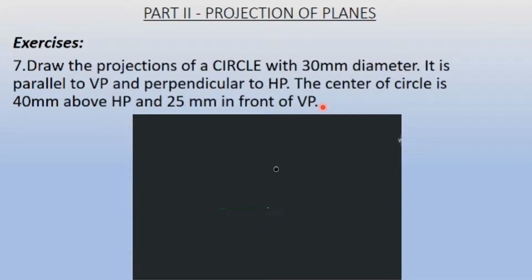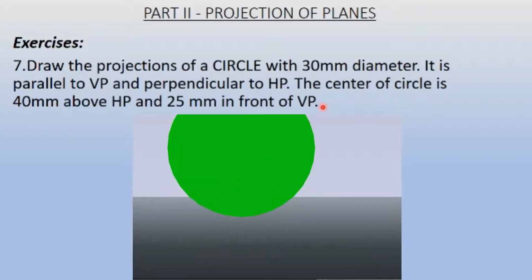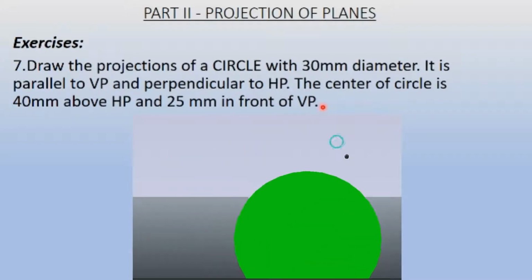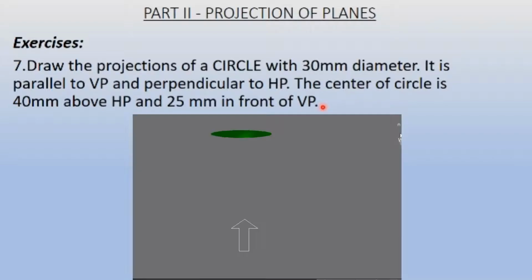When viewed from above, the circle will become a straight line, as you can see here. And when you see it from the front, it will be a circle. So this is going to be your final answer. When viewed from the front, this circle appears as a circle only, but when viewed from the top it will appear just as a line.